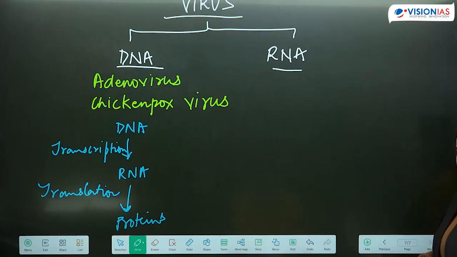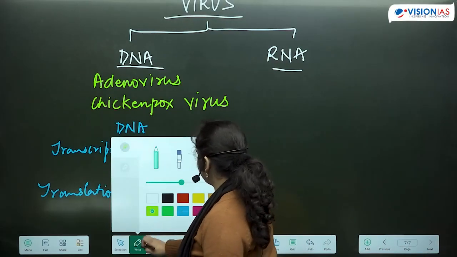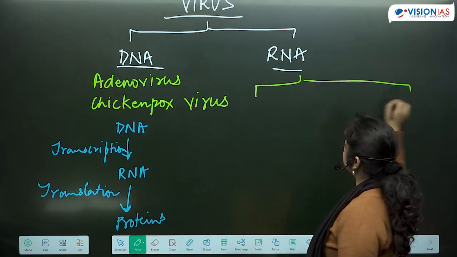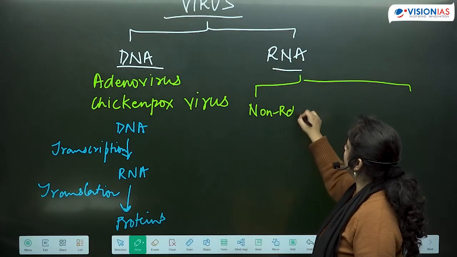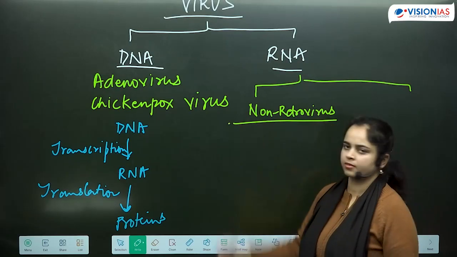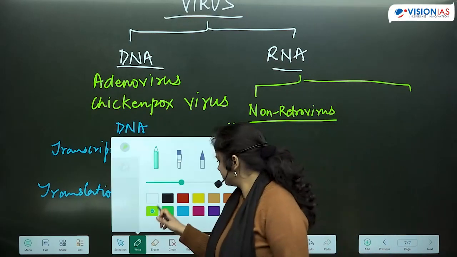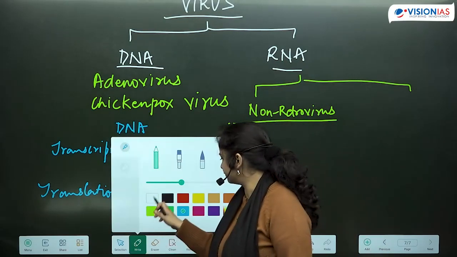Now let's see what's happening with RNA. RNA में further there are two types. One is the normal RNA or it is called non-retrovirus. This has RNA as its genetic material. अच्छा पहले example बताती हूँ.